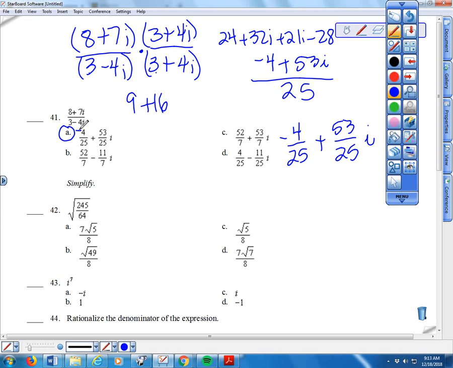I have 24 minus 28. 7i times 4i is positive 28i squared, and i squared is negative 1, which makes it negative 28. 24 minus 28 is negative 4. So I think this is an error. I think it's this answer, but I'm just going to fill in a negative. We can do that on the test, or just call me over if you have a question.